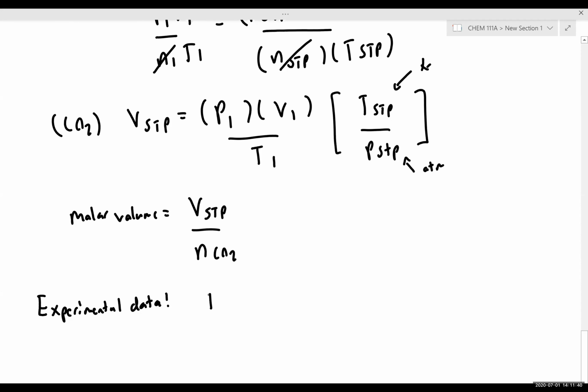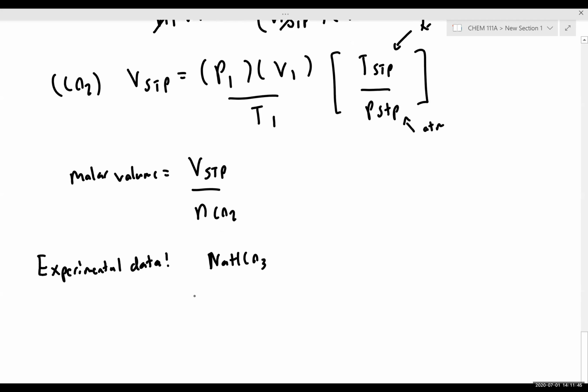For sodium hydrogen carbonate, when we have 1.0 grams of sodium hydrogen carbonate, what was the temperature of our water that we measured?